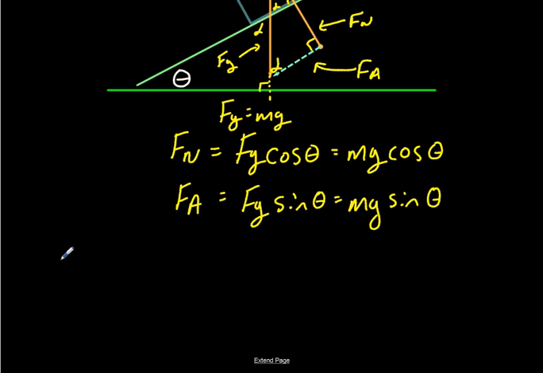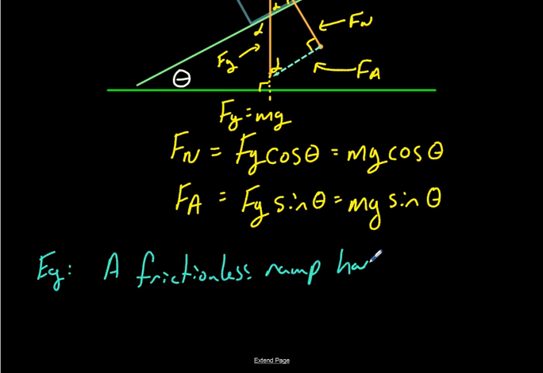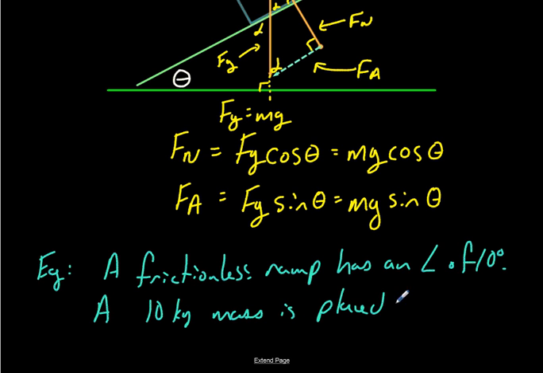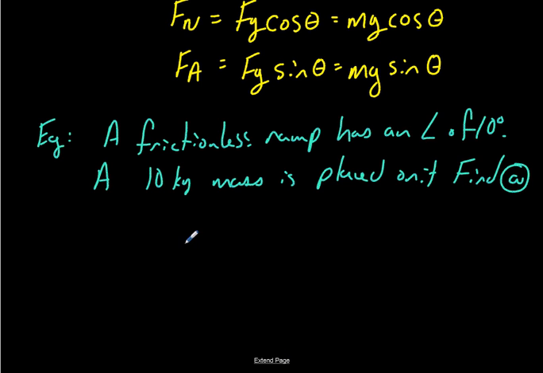So for example, let's do a frictionless system, e.g. a frictionless ramp that has an angle of 10 degrees. A 10 kg mass is placed on it. Find the acceleration. All we have to say is that Fa in this scenario is mg sin theta.